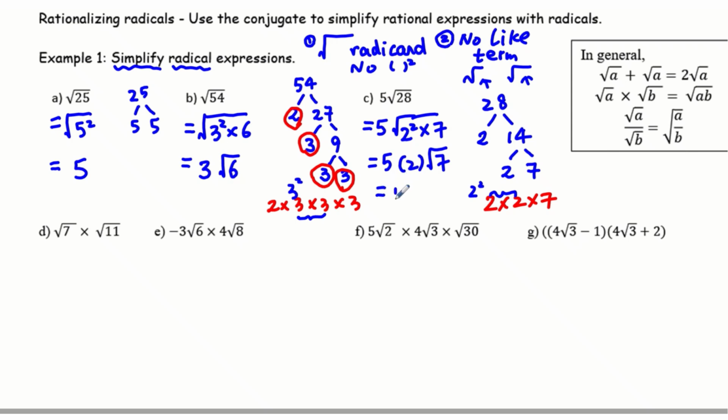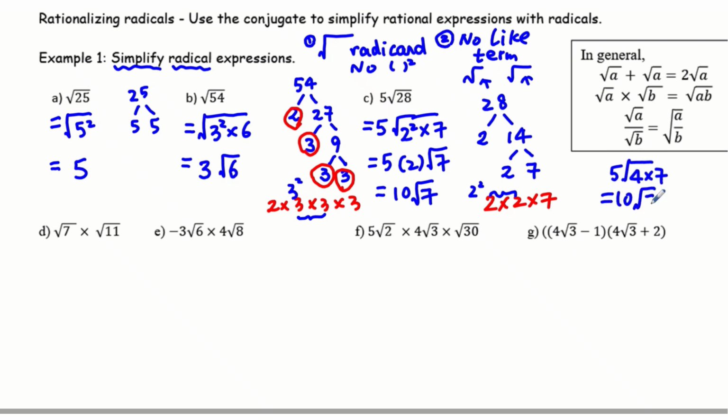5 times 2 is 10, so 10 square root 7. This is the simplified radical. And you don't have to show me all these steps. As long as you know 28 is 4 times 7, you could write it another way. 28 is 4 times 7, then square root 4 is 2, 2 times 5 is 10.